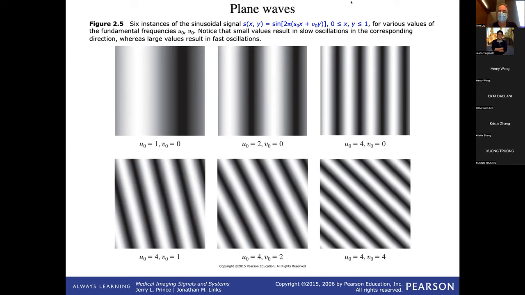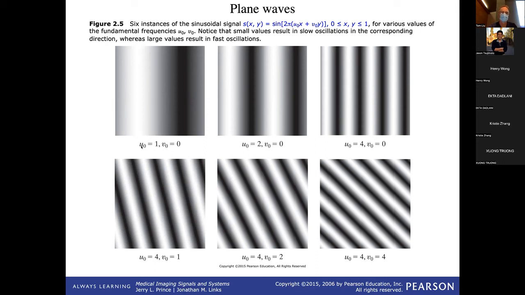These are the independent variables. x and y are just position in the plane. So let's see what happens when we change mu naught and nu naught. Let's set mu naught to 1 and nu naught to 0. Sorry about the notation, but that's what they use in the book. We'll get to a better notation soon, in that these spatial frequencies will be kx and ky, which is a lot easier to say.